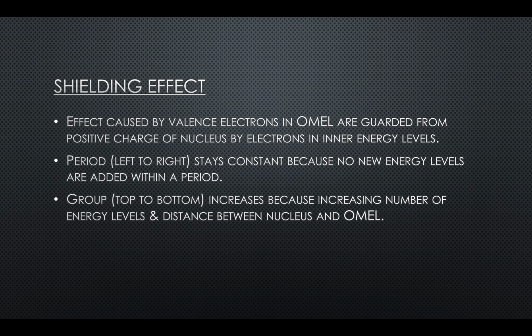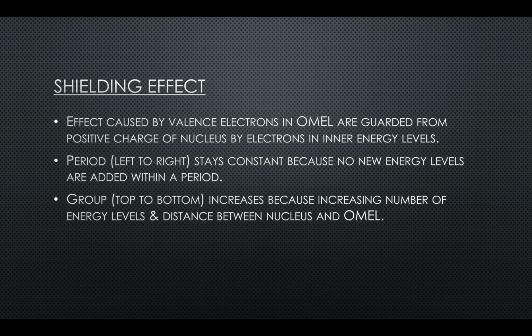Lastly, shielding effect. Shielding effect is an effect caused by valence electrons in the outermost electron energy level being guarded from the positive charge of the nucleus by electrons in the inner energy levels. So in a period, left to right, it stays constant because no energy levels are added within a period.